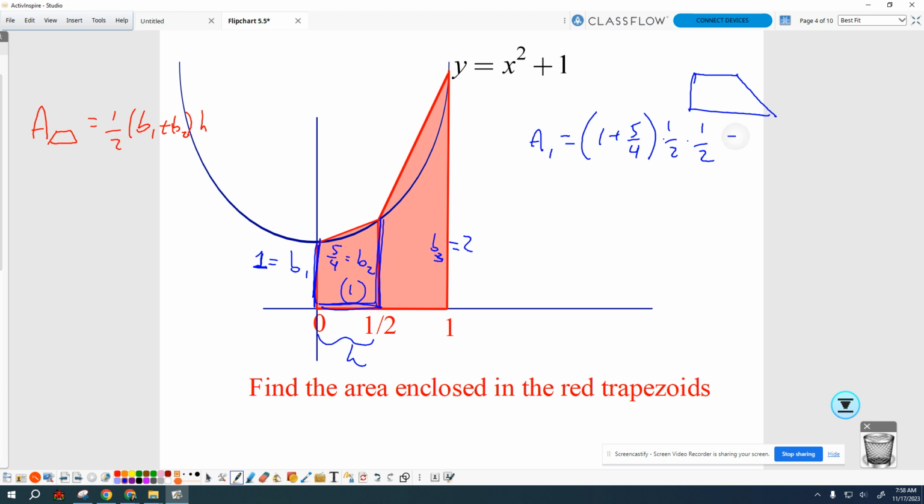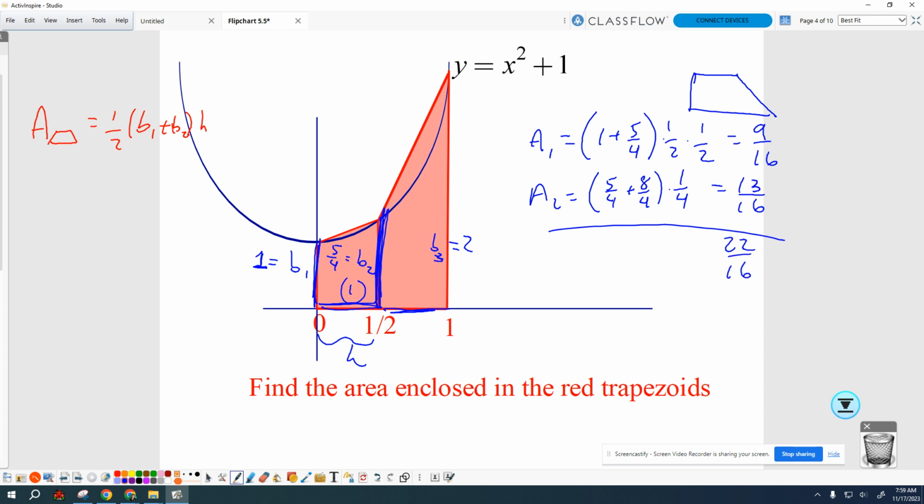Yeah, got that. And the second trapezoid, this one plus that one, 5/4 plus 2 times the base times the half. All total? Yeah, we agree?